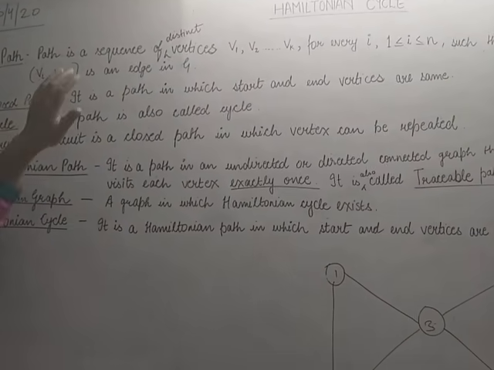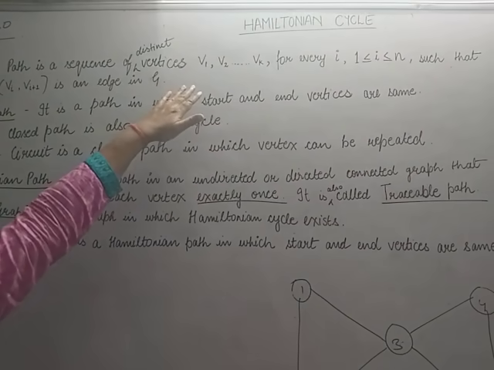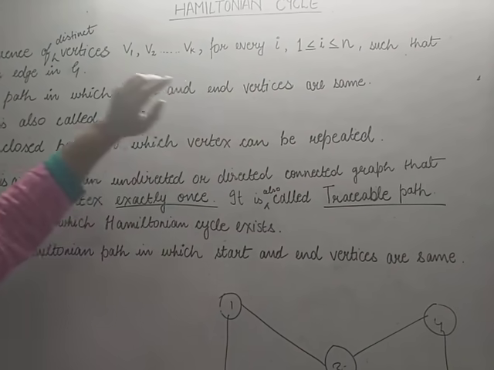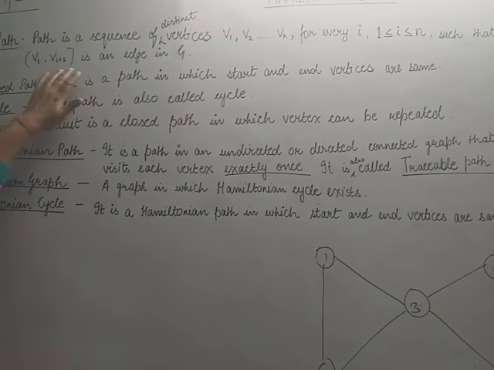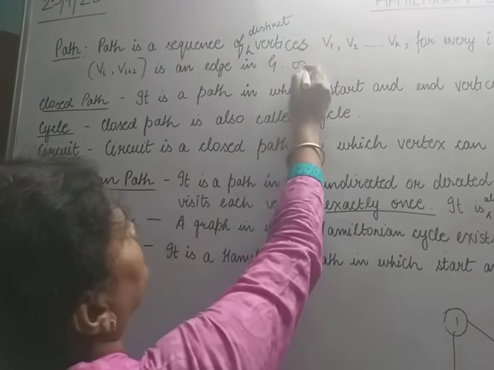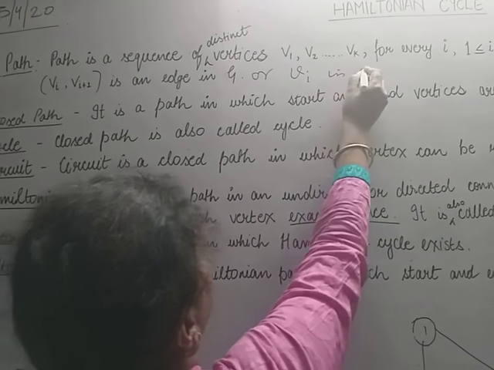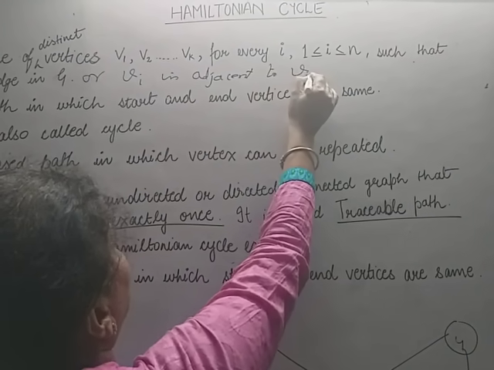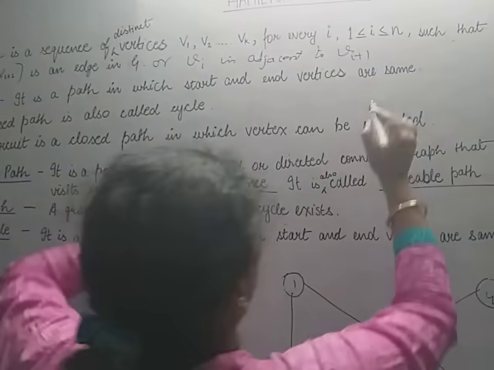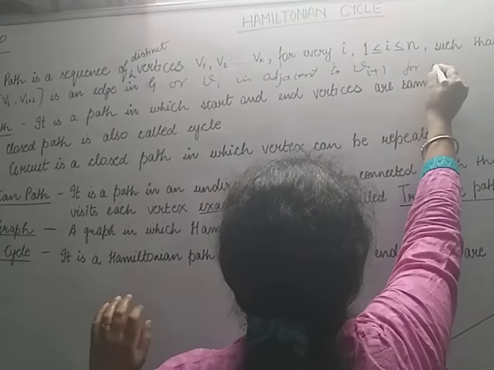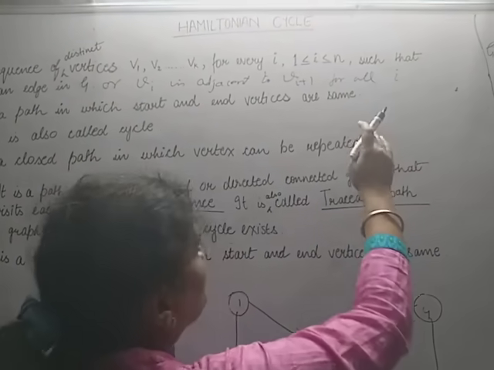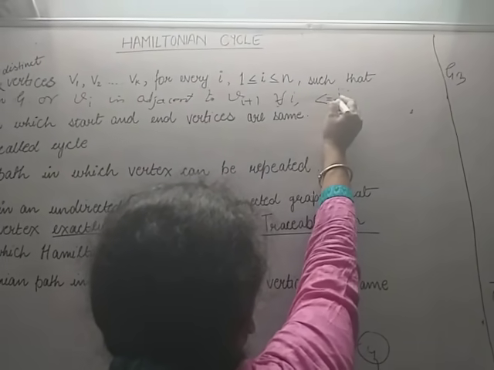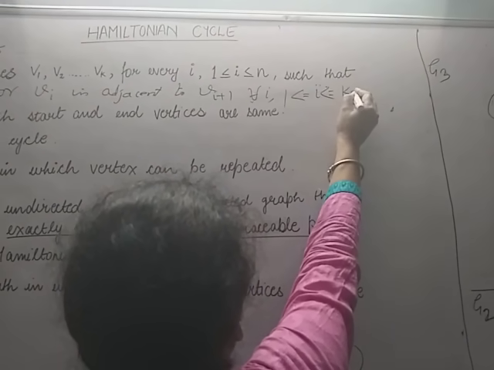What is a path? A path is a sequence of distinct vertices v1, v2, and so on up to vk, such that vi plus 1 is an edge in G, or vi is adjacent to vi plus 1, for every i greater than or equal to 1 and less than or equal to k minus 1.